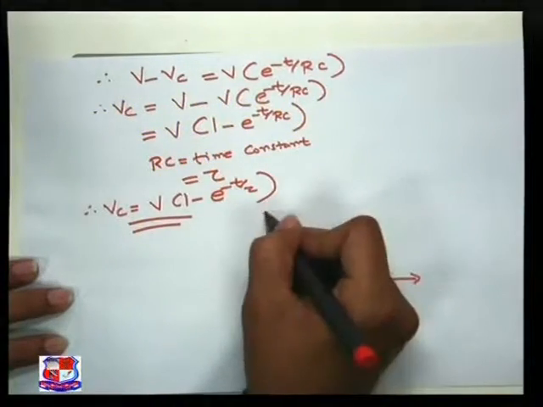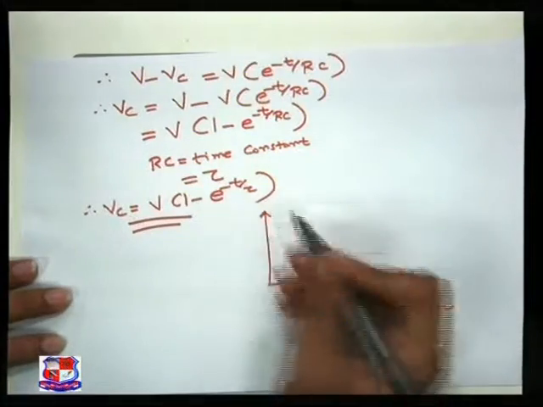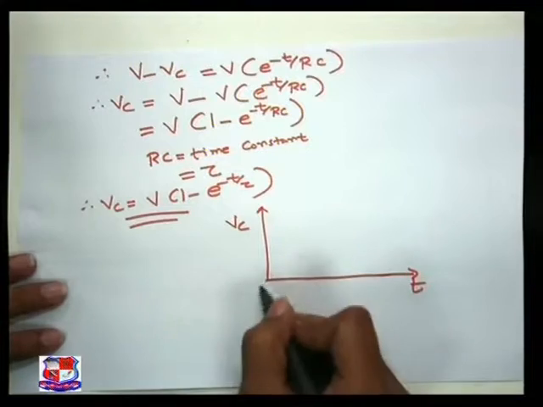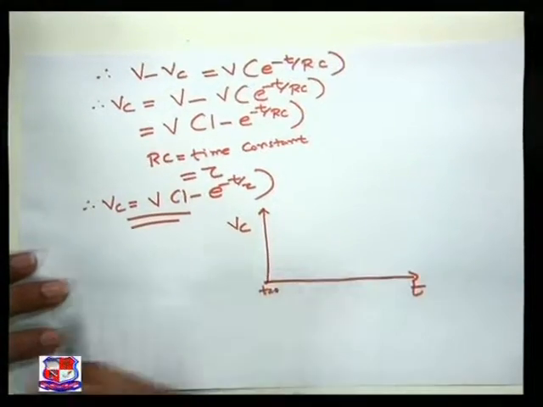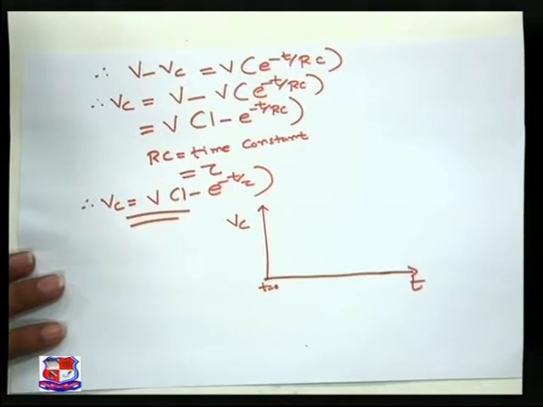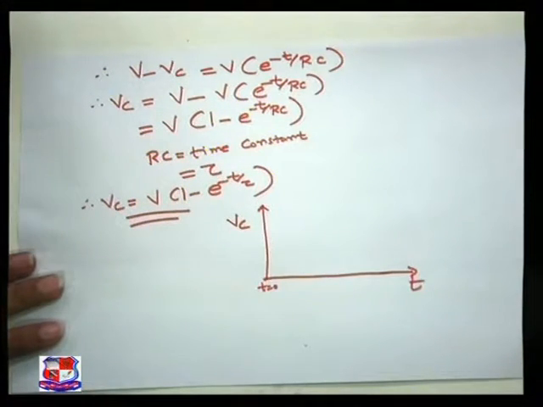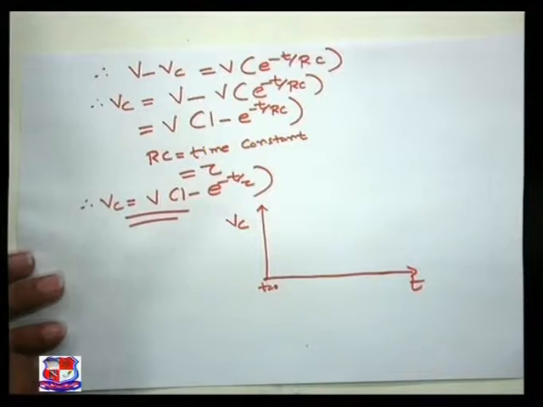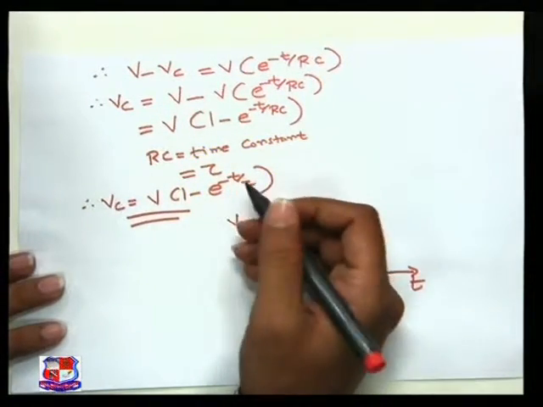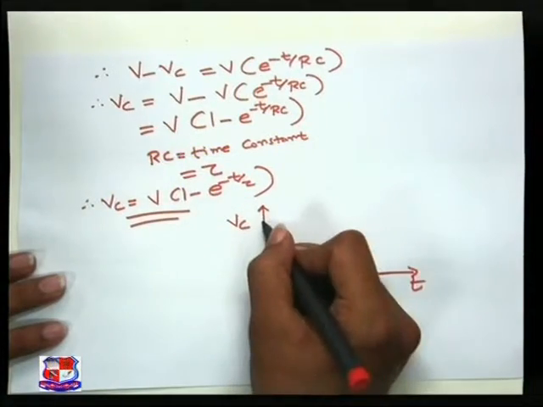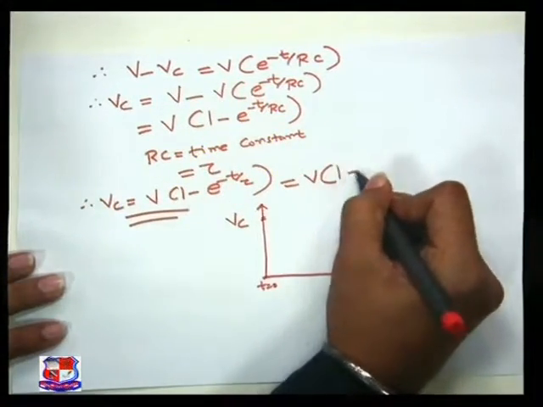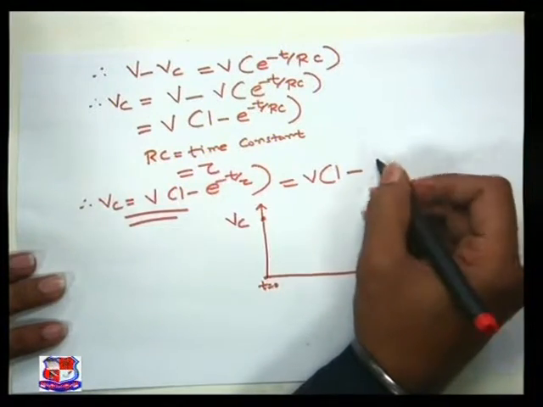Graph of, on the x-axis you can take time, and on the y-axis you can take voltage across the capacitor, Vc. In this equation, this is t equal to 0, right? If you put t equal to 0, you get 1 minus e raised to 0.